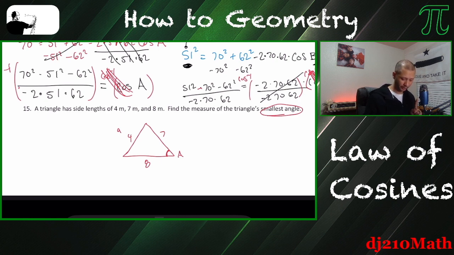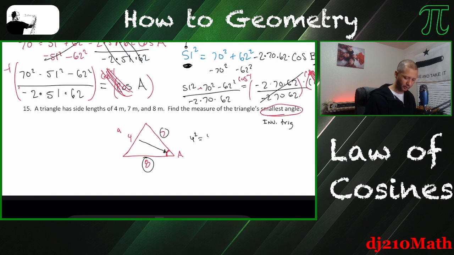So inverse trig, right? That's the only way. So this is going to be 4 squared, right, because it's across from the angle that we want, is equal to the square of the other two legs, right? The square of this guy, square of this guy.